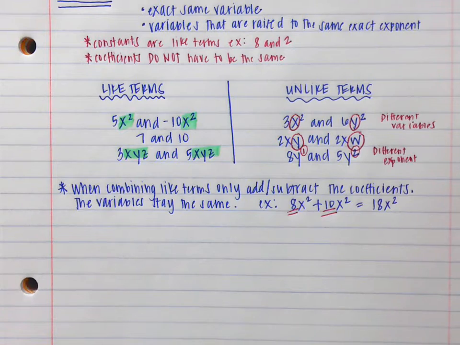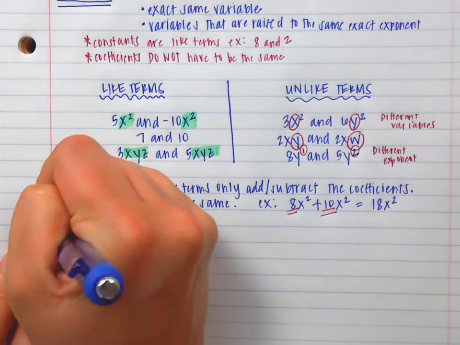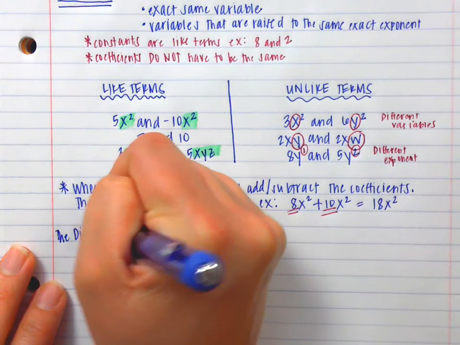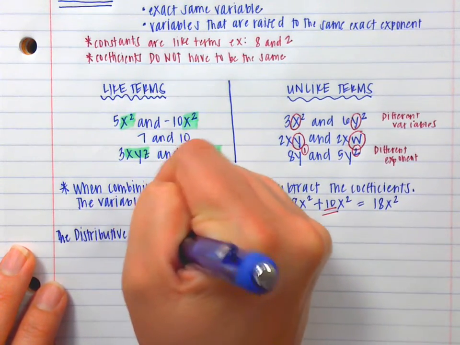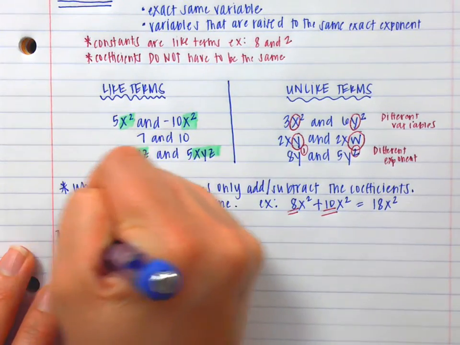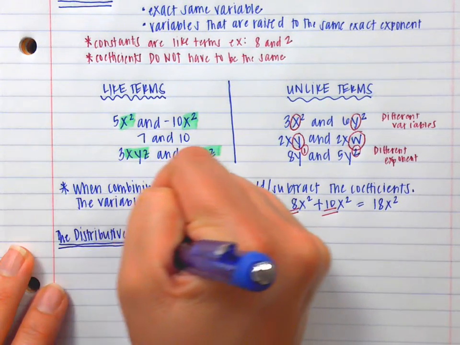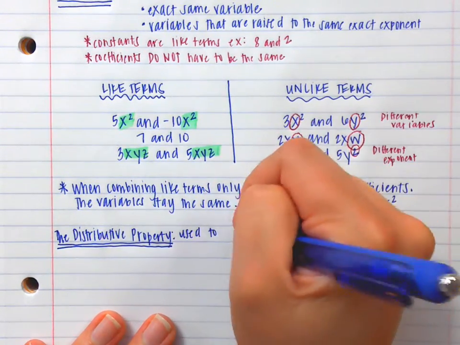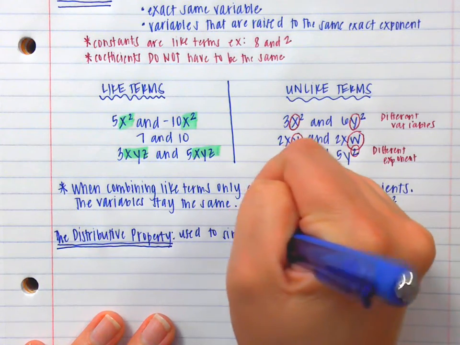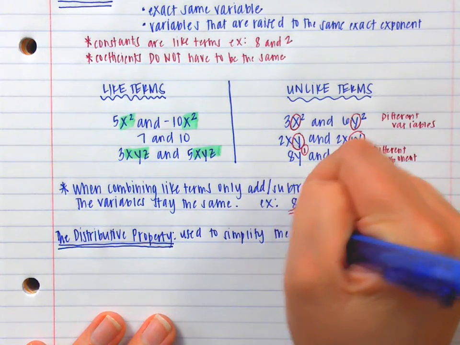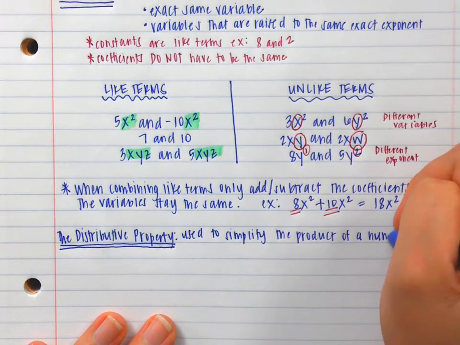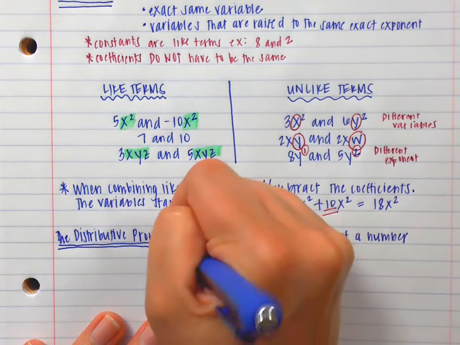Now, the last thing we need to talk about is what we call the distributive property, something you might be familiar with. Okay, I'm having a hard time with my handwriting today. So the distributive property is used to simplify the product, there's that word again, of a number and a sum or difference.